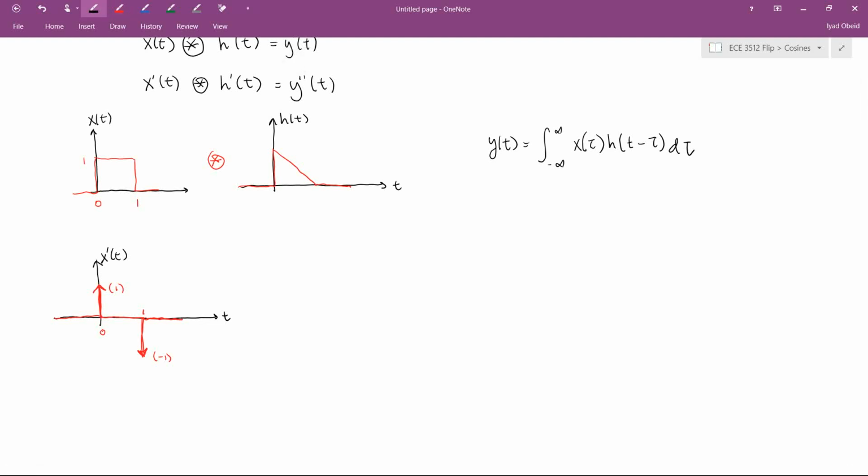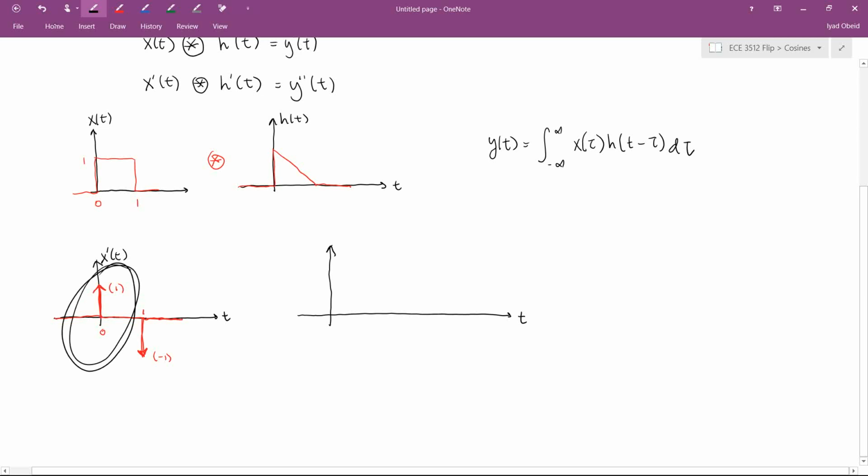And we're going to convolve that with h of t. So instead of doing x convolved with h, we'll do x derivative convolved with h. The reason that's useful is that when you convolve with an impulse, we learned, you just get a copy of your signal. So for example, if I convolve h with that first impulse, I'm just going to get a copy of h.